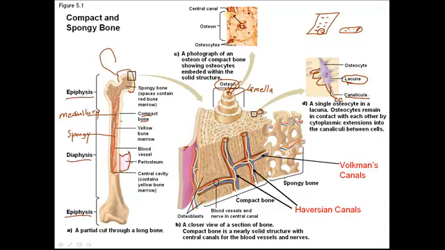Canalicula is singular, canaliculi is plural. And these connect to the central canal if it's in the first ring, or it connects to the second ring if it's here. The canaliculi connects to the next osteocyte. So it will be feeding the next guy, if that makes sense. And this one will be feeding this guy through the canalicula.